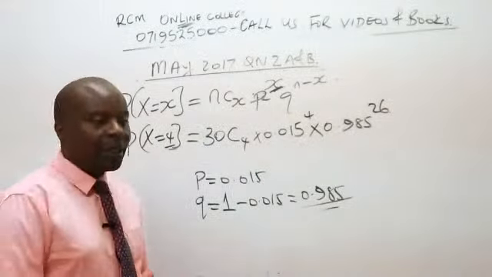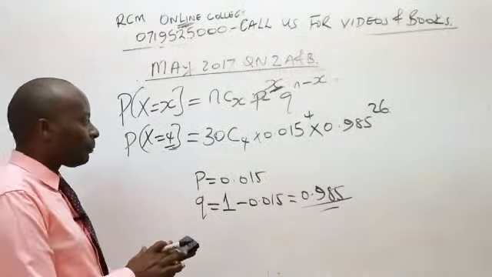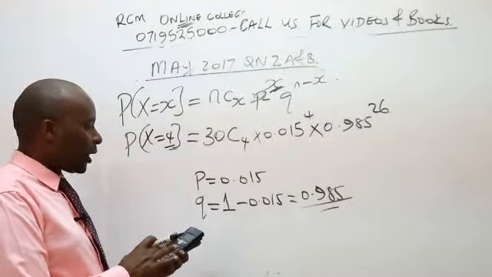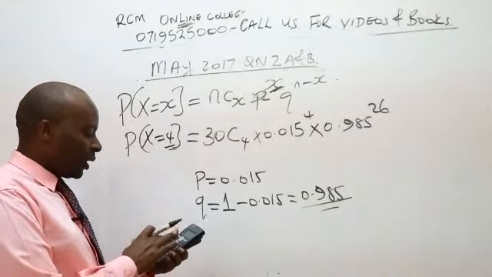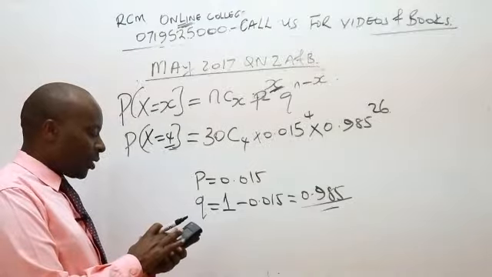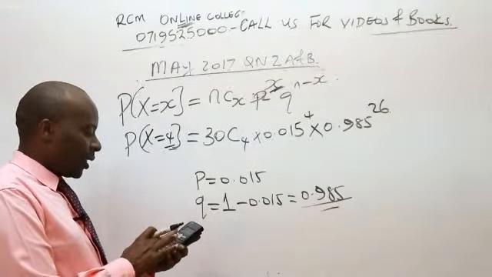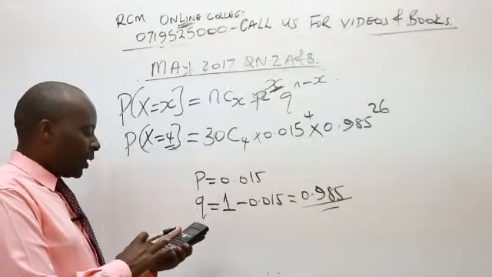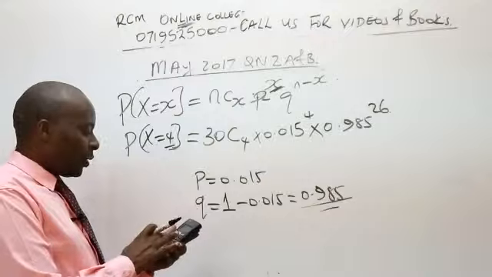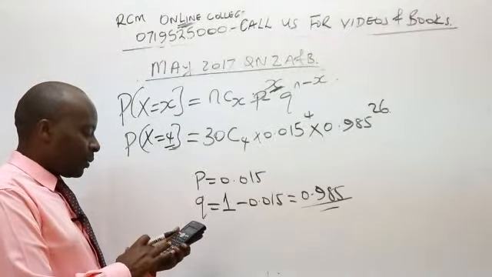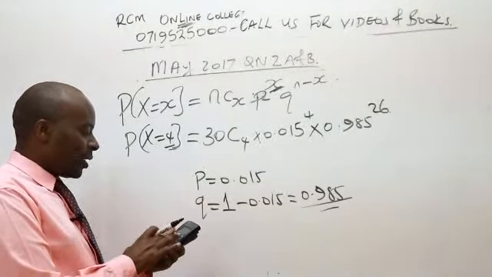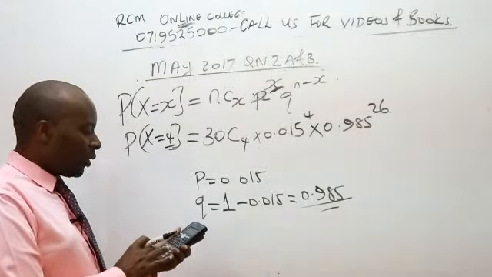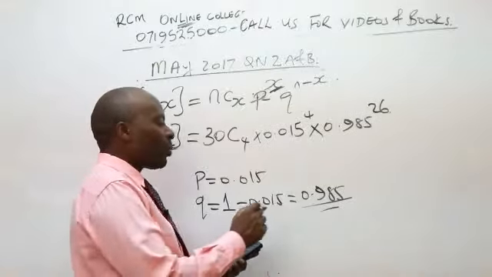So ladies and gentlemen, straight away we have 30 combinations 4, times 0.015 raised to power 4, times 0.985 raised to power 26, which at the end of the day again gives us a very small probability.